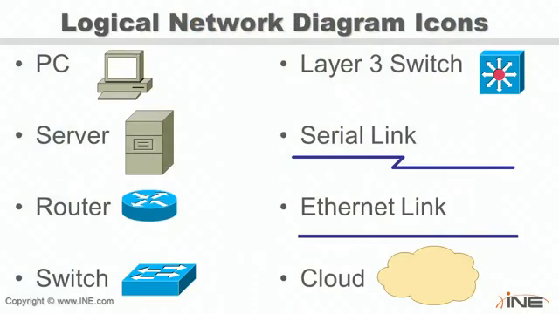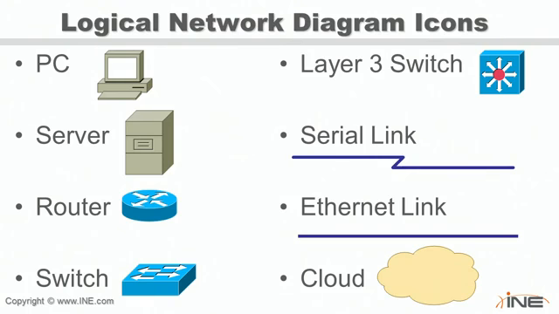As long as I send my data to them and it comes out on the other side, that's all I care about. So any diagram where you see a cloud like this just means that there are some networking devices in there, but you don't care about the details of them.